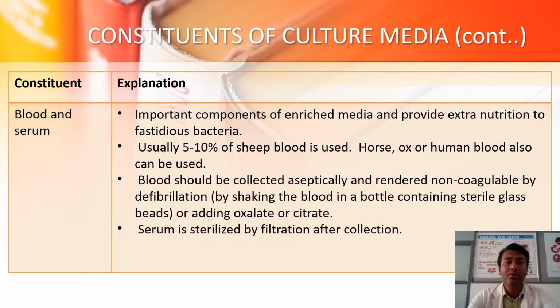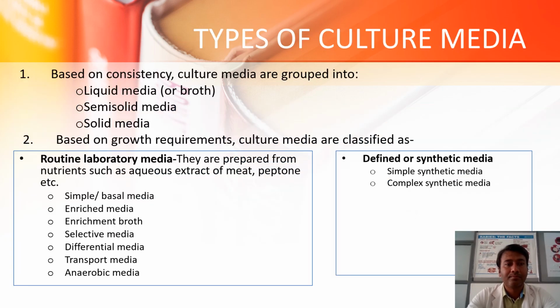We can also use horse blood, but human blood should be avoided as much as possible because of the presence of antibodies in it and some inhibitory factors. Blood should be collected aseptically, and it should be rendered non-coagulable by defibrination or by adding oxalate or citrate. Serum is sterilized by filtration after collection.